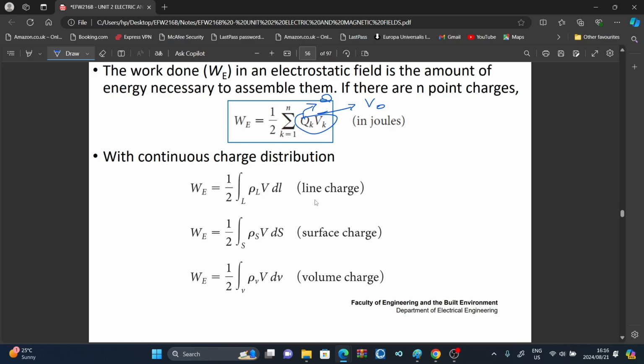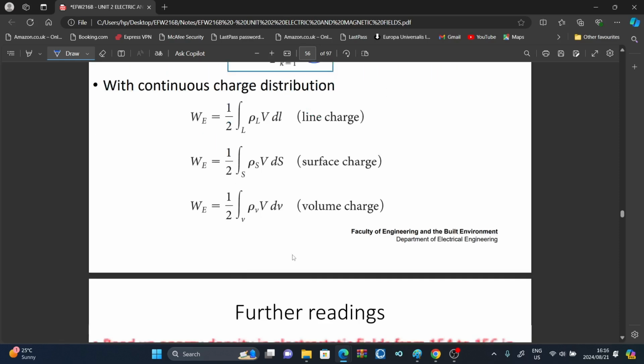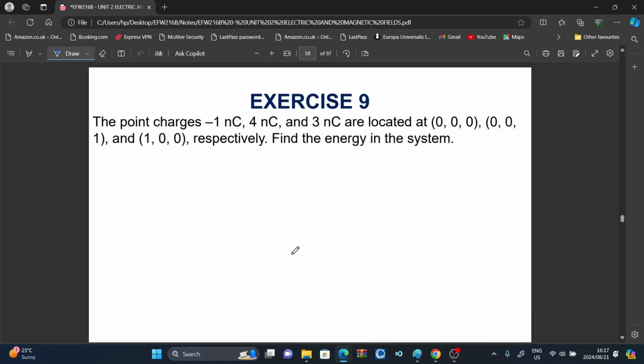That's that. Let's do our number 9 exercise. I think the next one is exercise 9. So at exercise 9 they ask you to calculate the voltage or work done on the 3 points that are given to us.